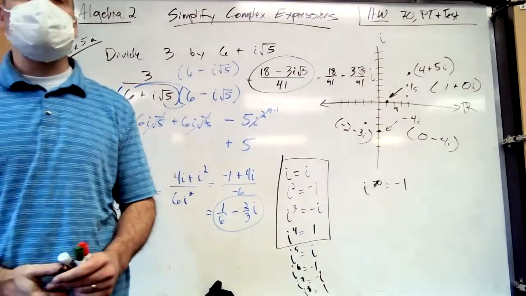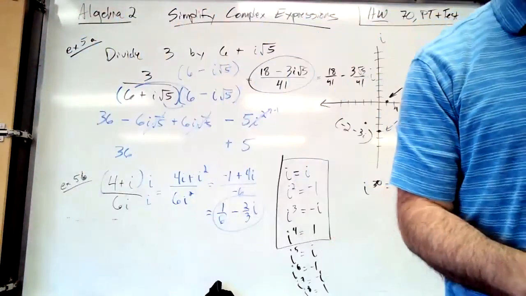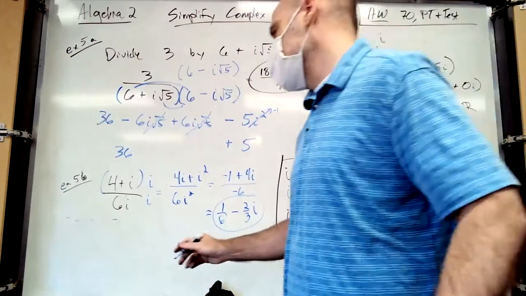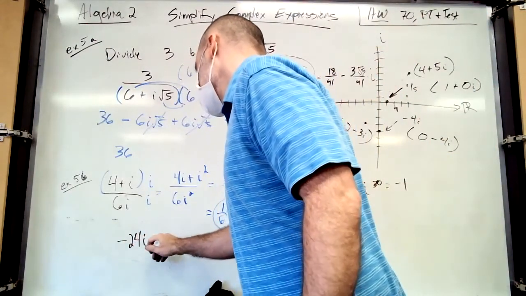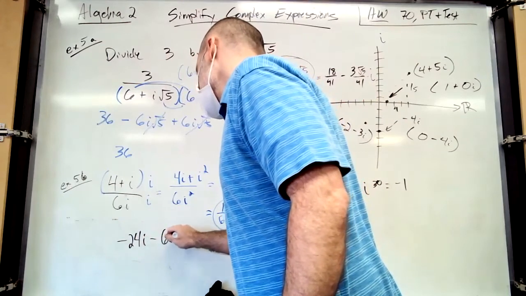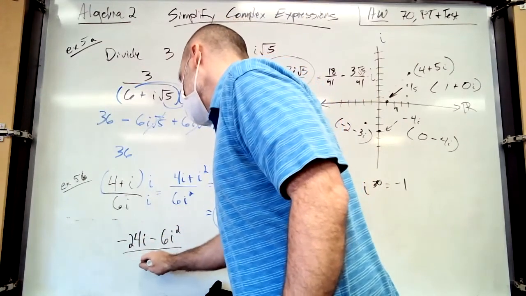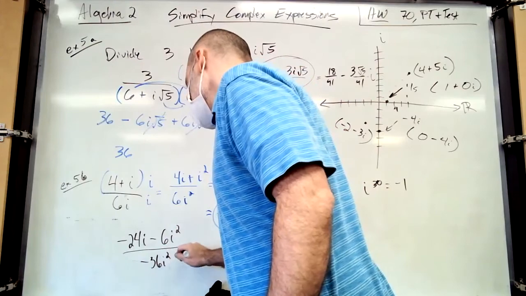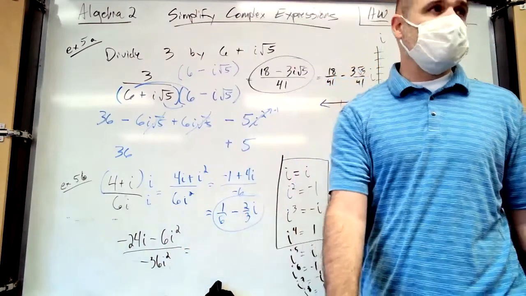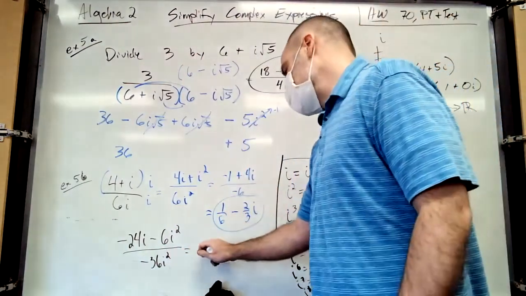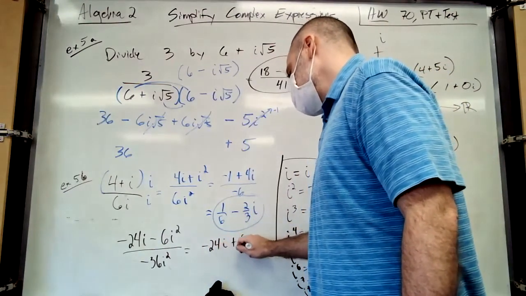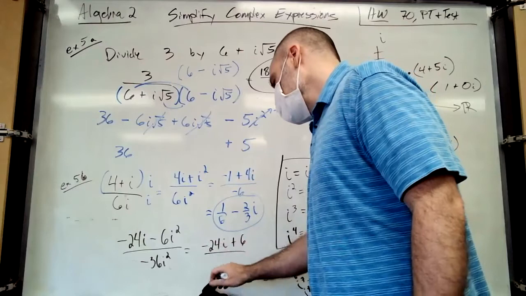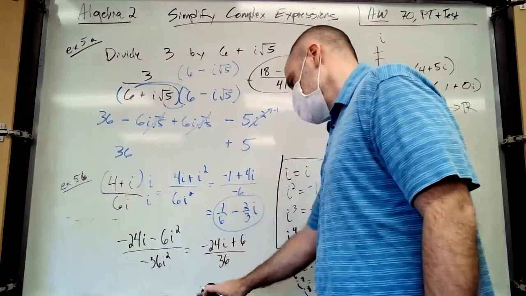Now if you would have done negative 6i, you would have gotten negative 24i minus 6i squared all over negative 36i squared. There's nothing wrong with that. Simplify that, you get negative 24i plus 6 all over 36.